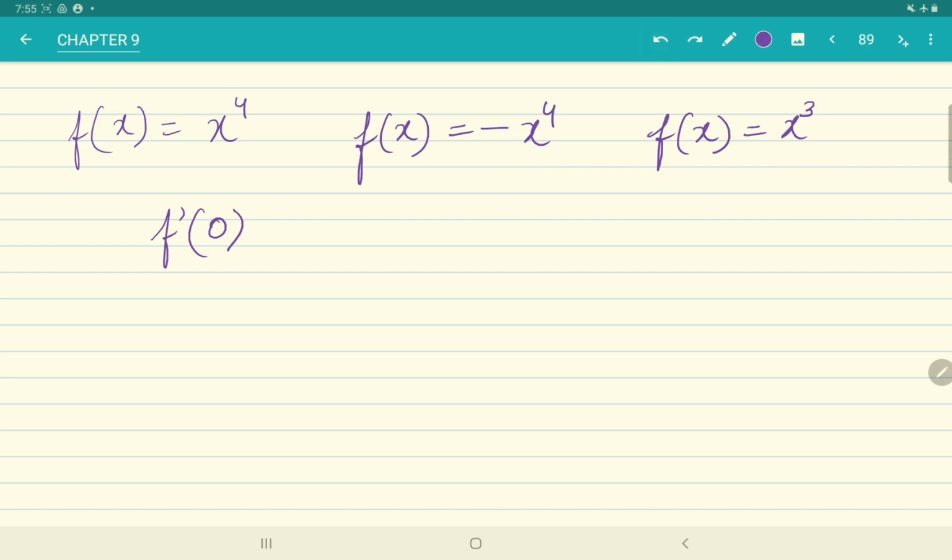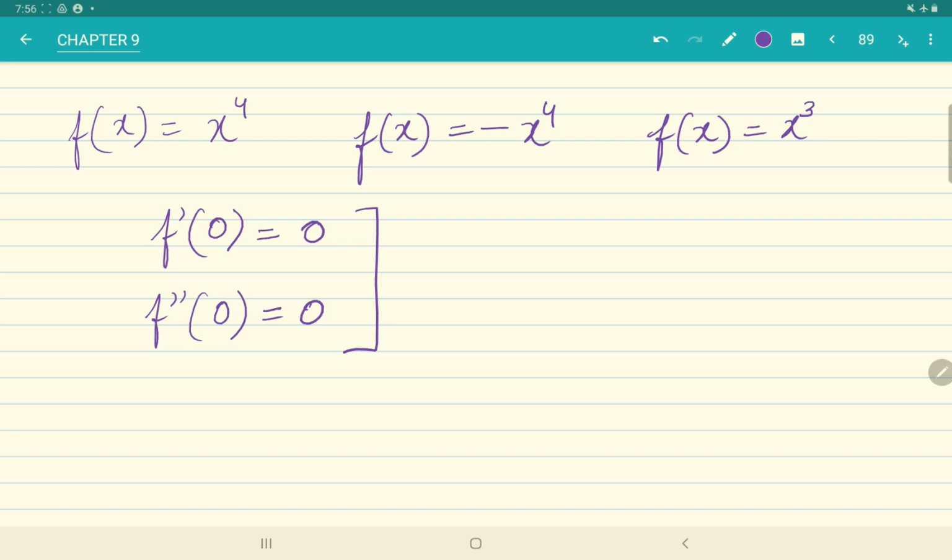For the third, it is 3x squared, so that's 0. Also, if you take up f double prime of x, it is 12x squared for the first. Again, this is 0. Here also f double prime 0 is 0, and here also it is 0. So it is 0 in each of these cases.